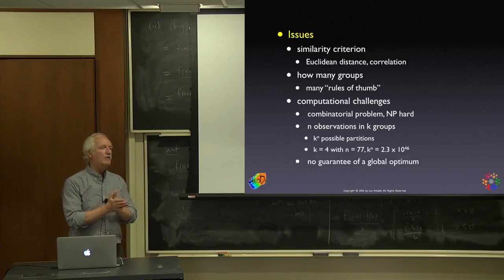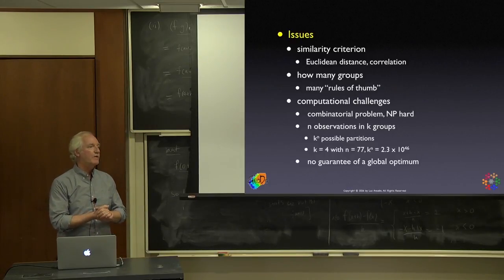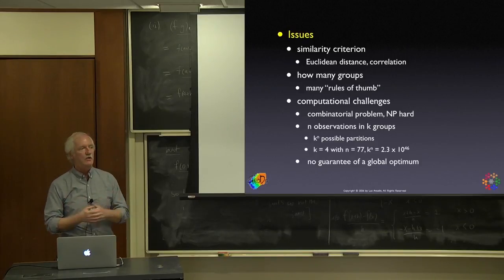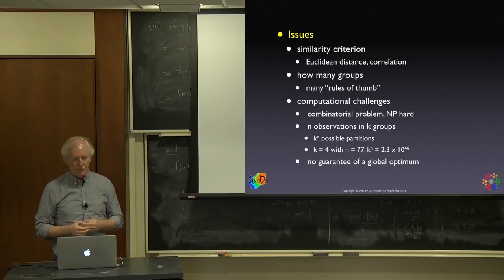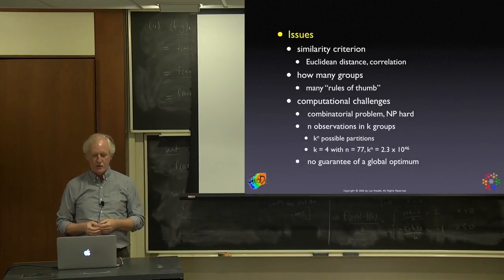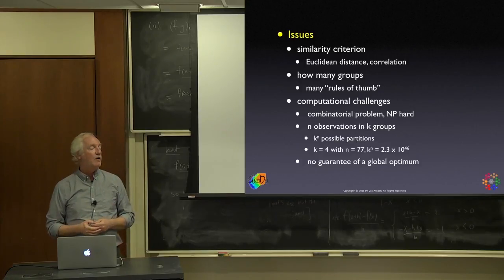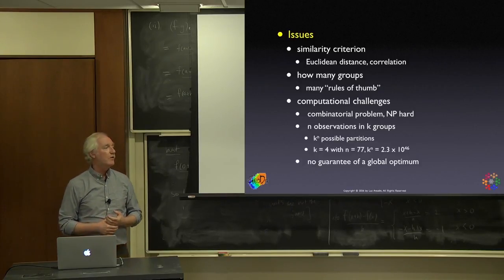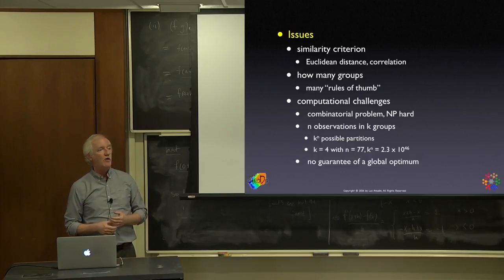First of all, how do you define similarity? We can take our Euclidean distance again, or we can take correlation, or we can take a cosine similarity, which is yet another way of measuring multivariate similarity, right? Second one, million-dollar question, how many groups? What is K? Is K 4? Is K 6?